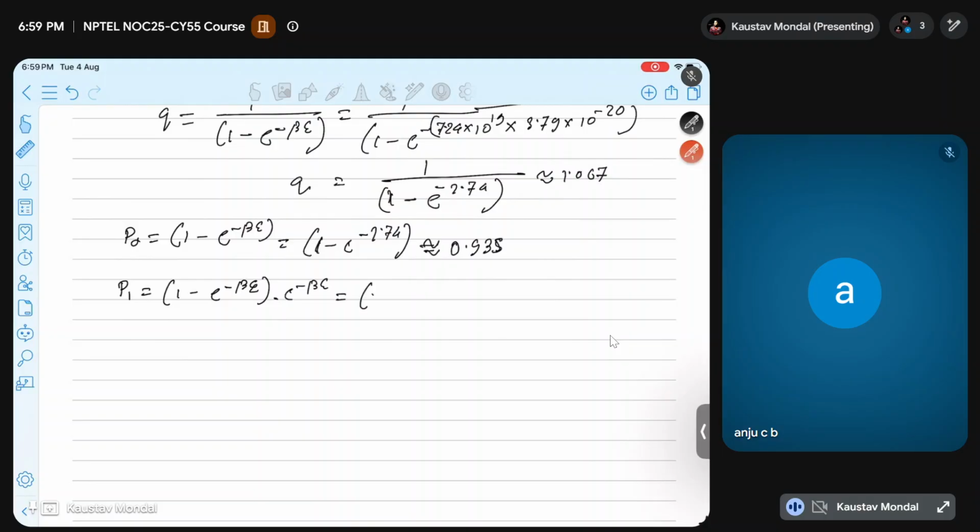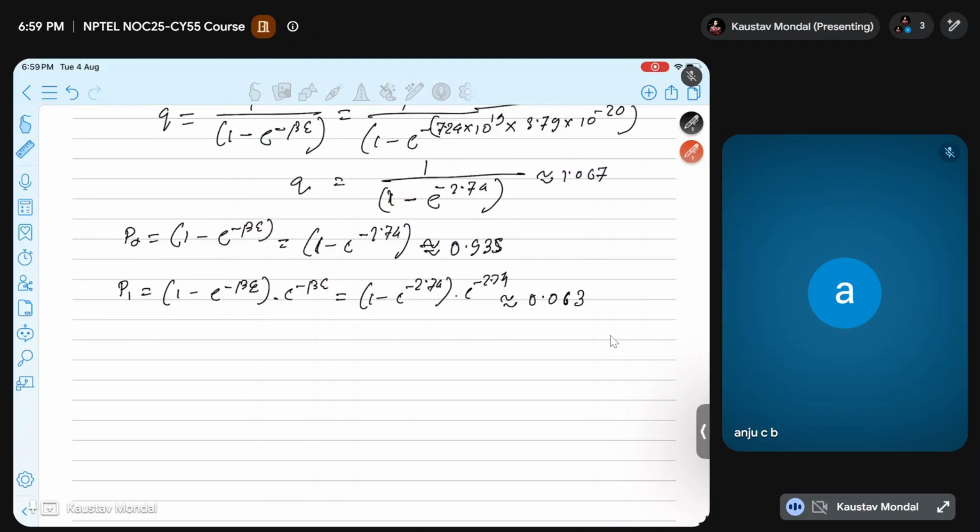So it will give you 1 minus e to the power minus 2.74 into e to the power minus 2.74. If you calculate this, it will give you 0.063, so around 6.3% of particles are in the first excited state.